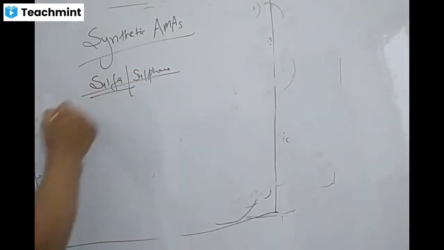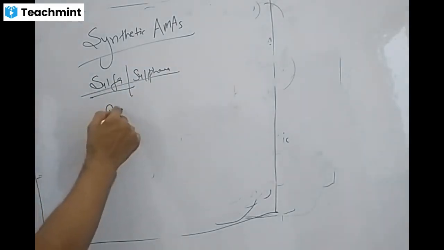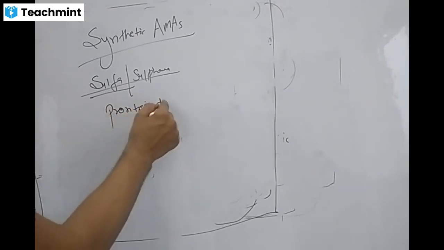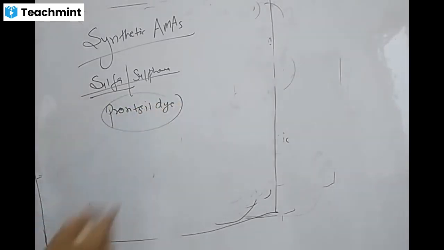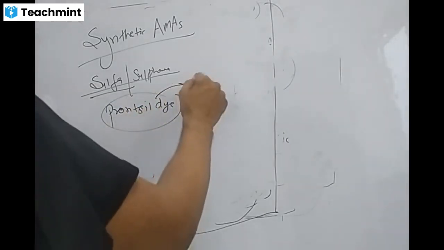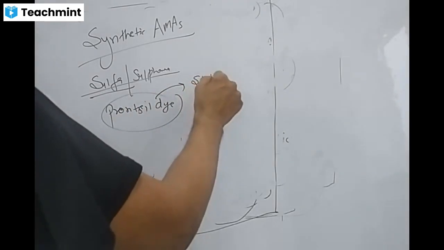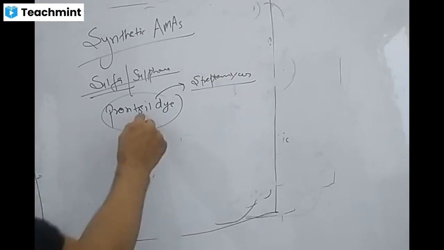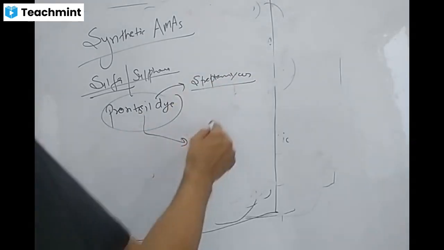Sulfonamides, the history is related with the Prontosil dye, and this Prontosil dye was able to kill the streptococcus bacteria. So this Prontosil dye contains one active molecule.